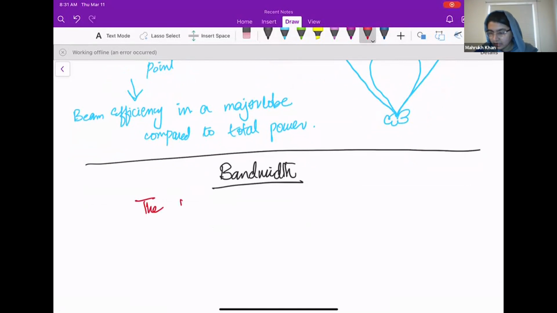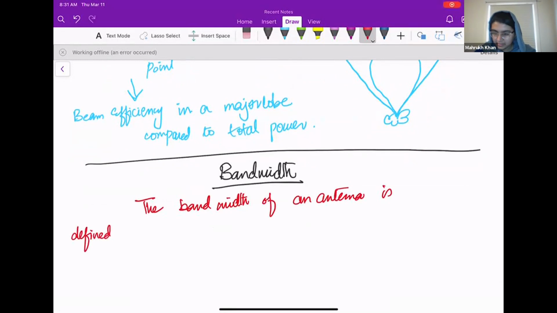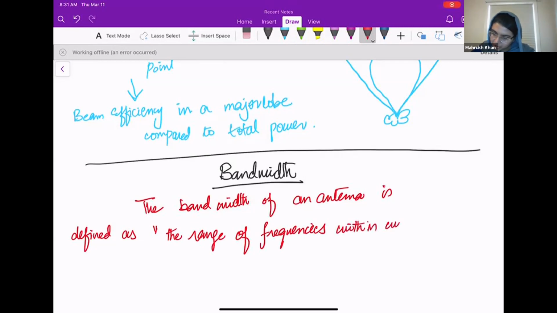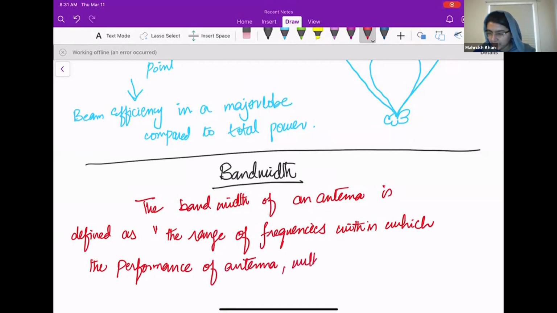so what we say, the bandwidth of an antenna is defined as the range of frequencies within which the performance of antenna with respect to some characteristics conforms to a specific standard.